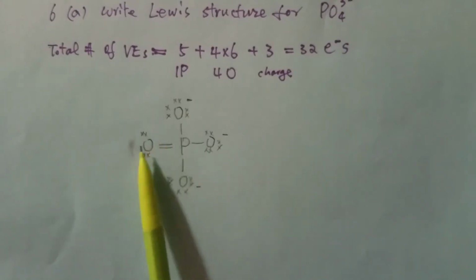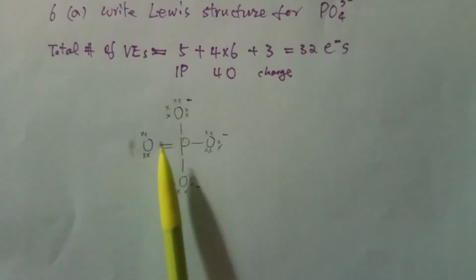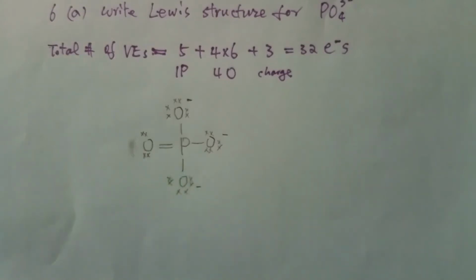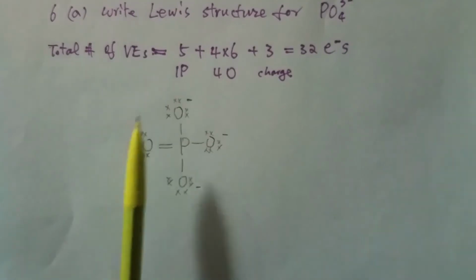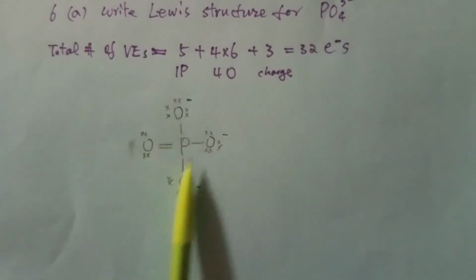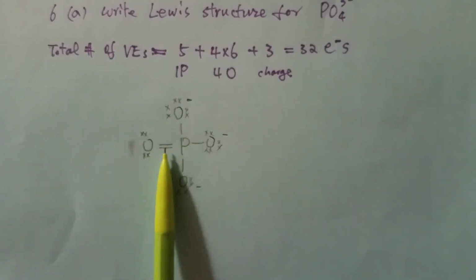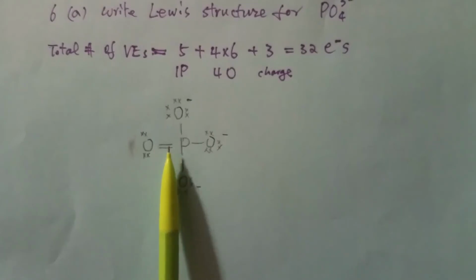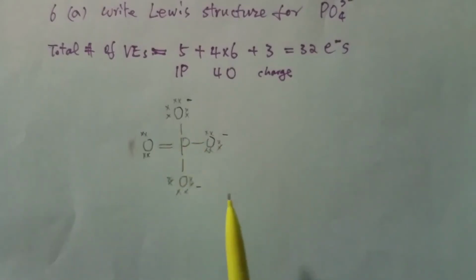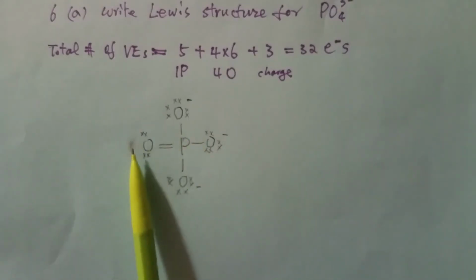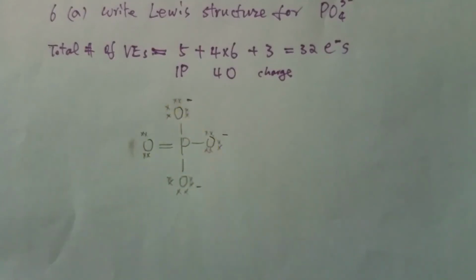So the formal charge will be higher there. Lower formal charge should be more stable. So that's why it will form this structure with one double bond, not the 4 single bonds with 3 lone pairs surrounding each oxygen.